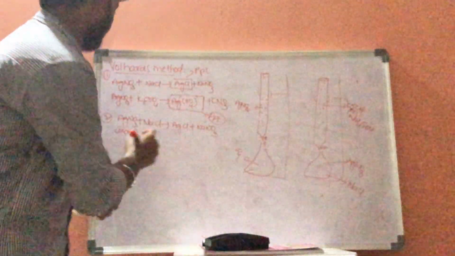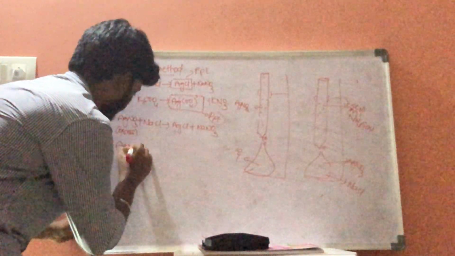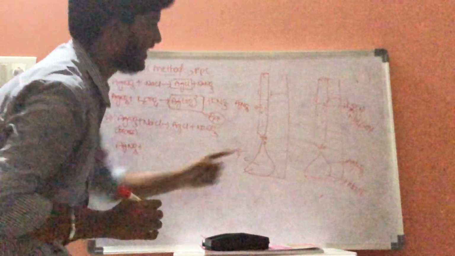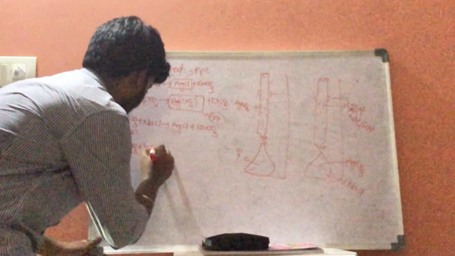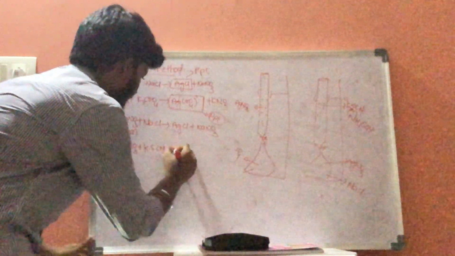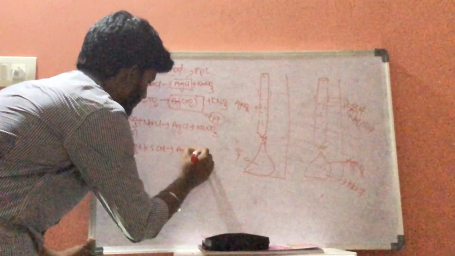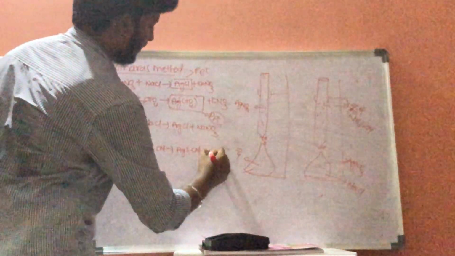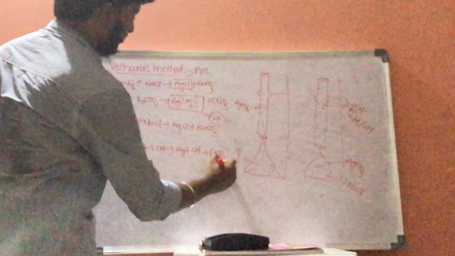Now this AgNO3 will react with potassium thiocyanate. It forms silver thiocyanate and KNO3.